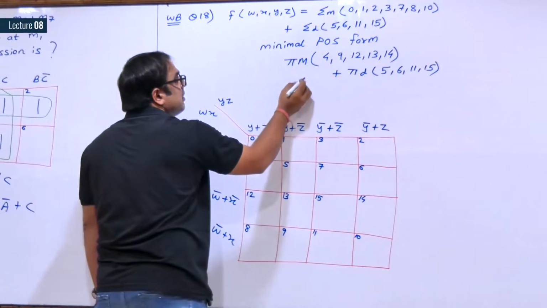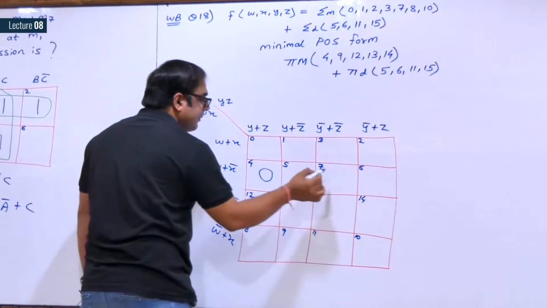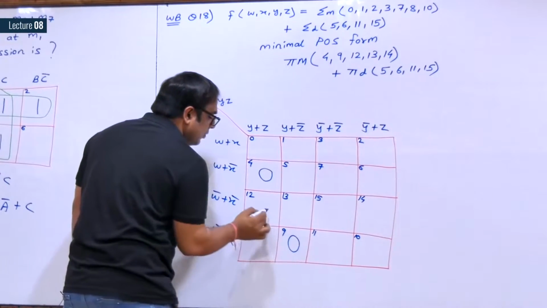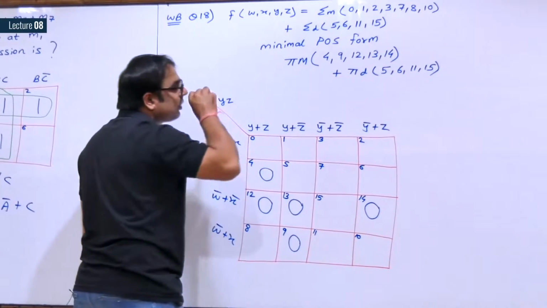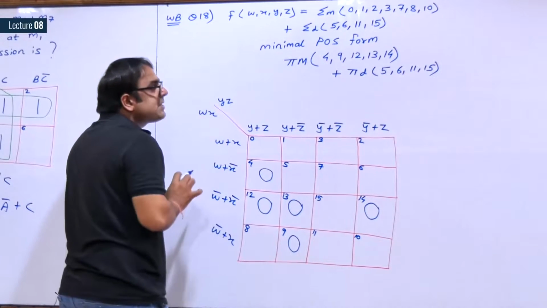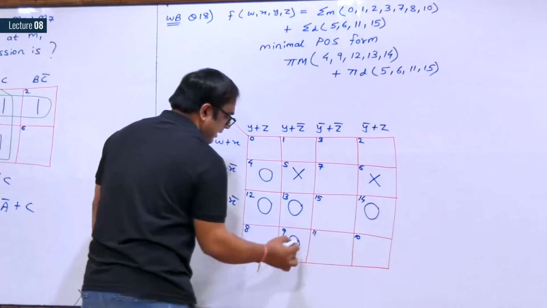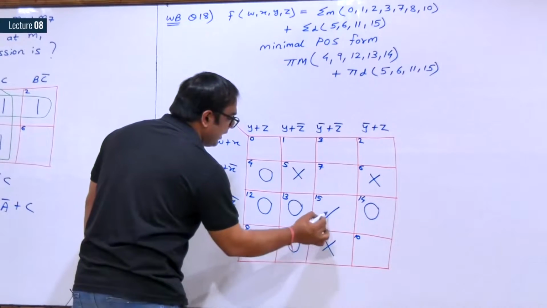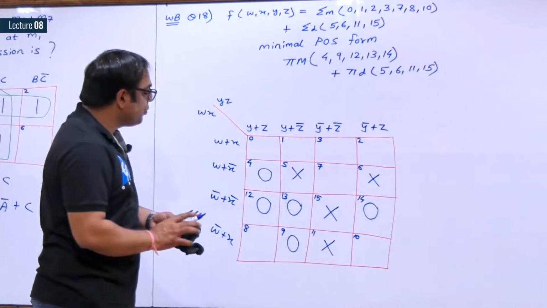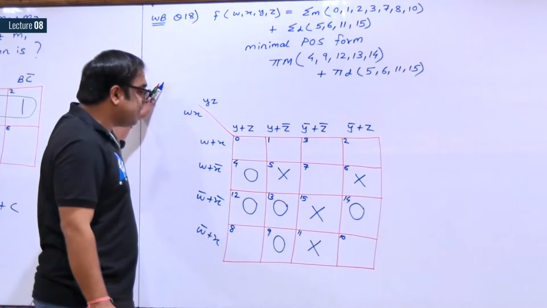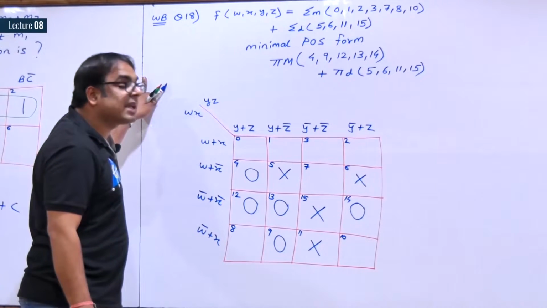Now the max terms you have to fill are 4, 9, 12, 13, 14. What about don't care? 5, 6, 11 and 15 are your don't care. Now try to see this K-map, what is the best possible group for this K-map.